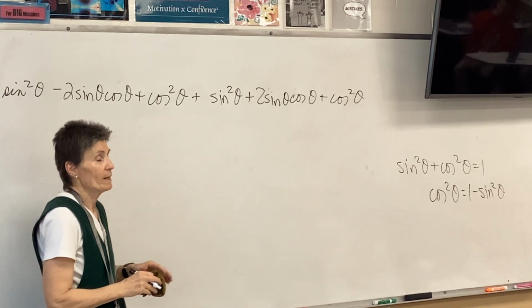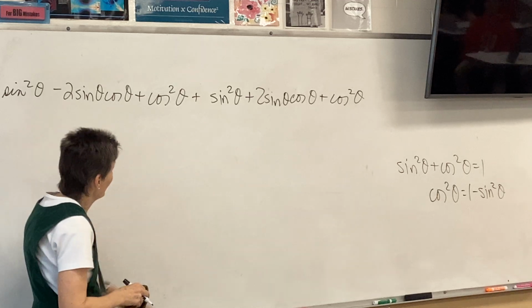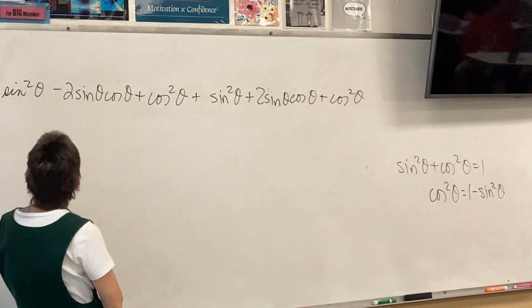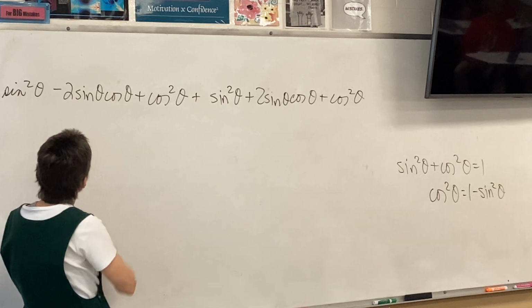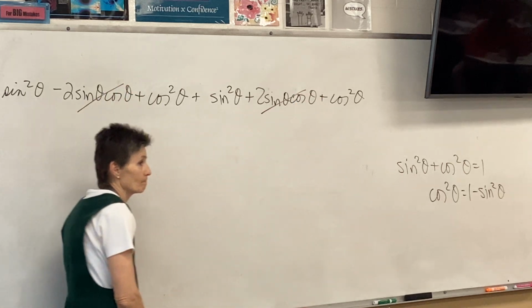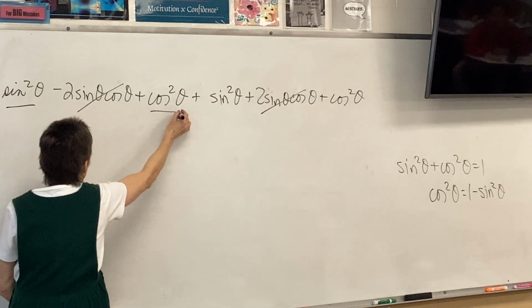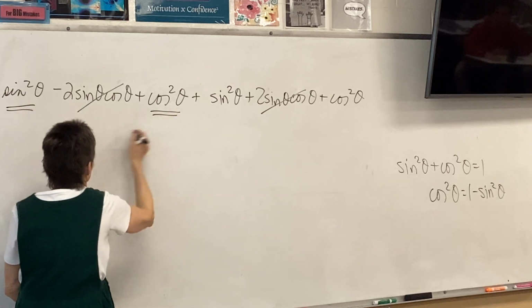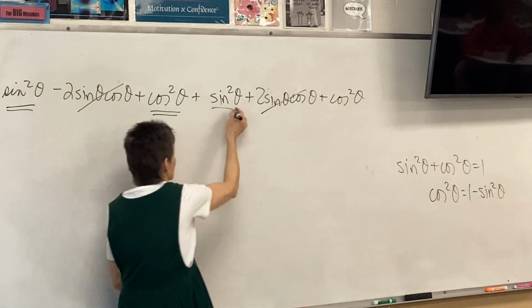Okay, so I FOILed out each parentheses, and this is what I've got left. What do you notice about it? These cancel, right? What's this? 1. That's a 1, right? What's this?